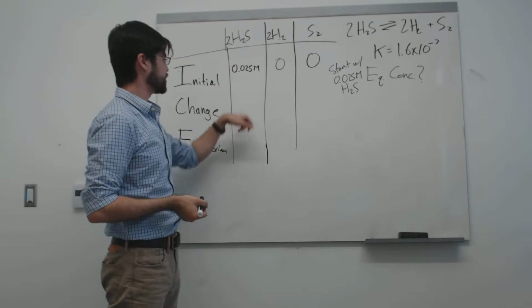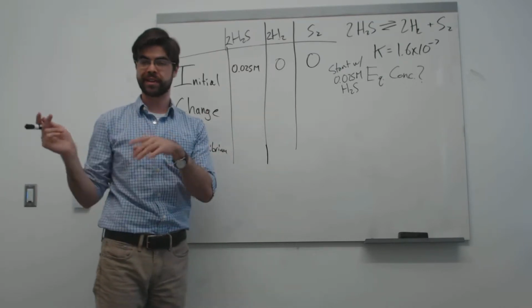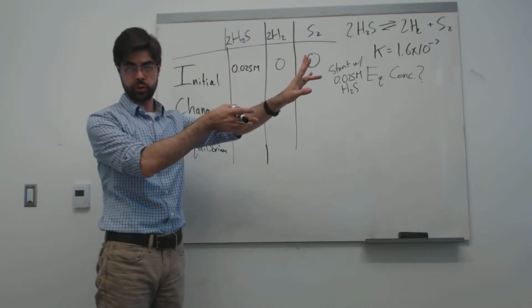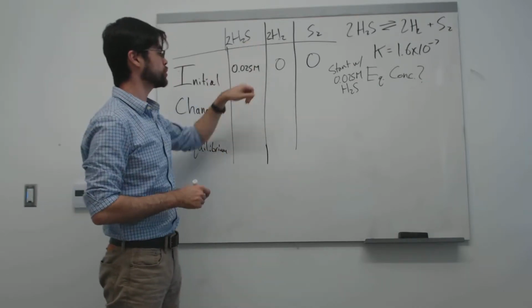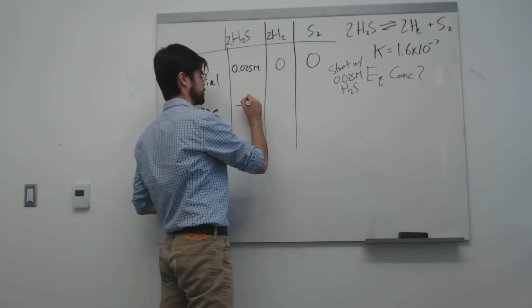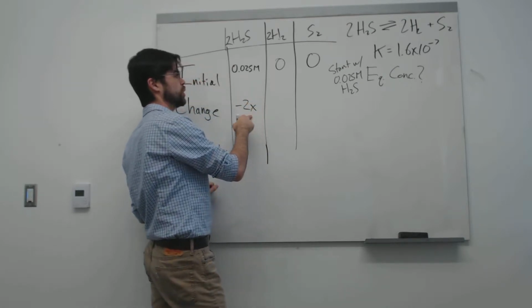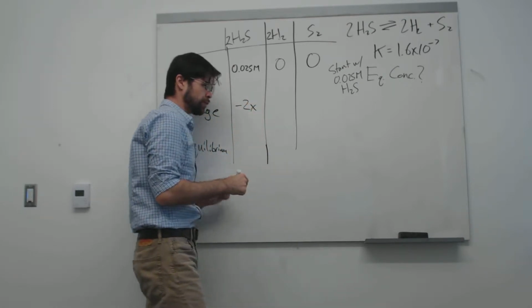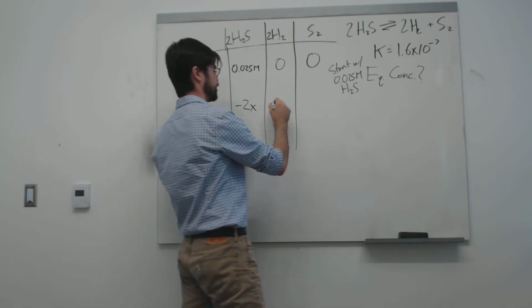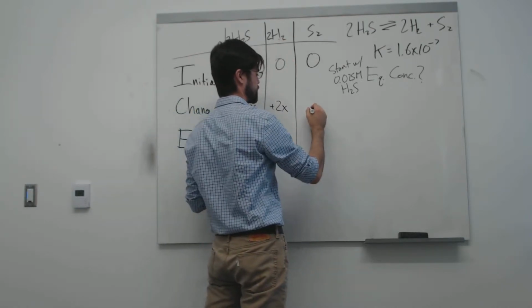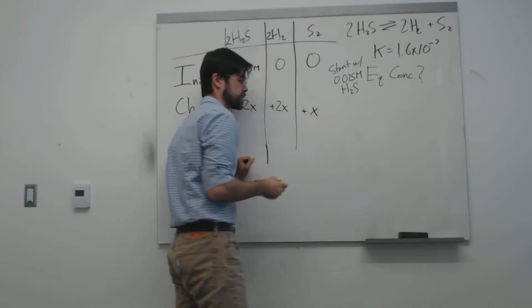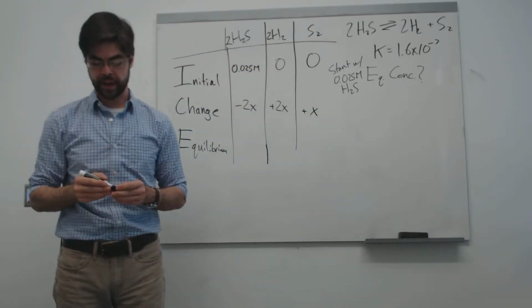So then I can say, okay, I know the reaction is going to shift. Just like the last problem, it's going to shift to the right and produce more products. So I will lose 2x reactants. I will generate 2x hydrogen gas and 1x of sulfur gas.